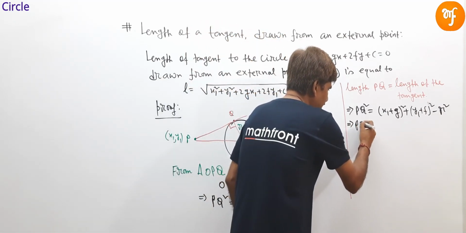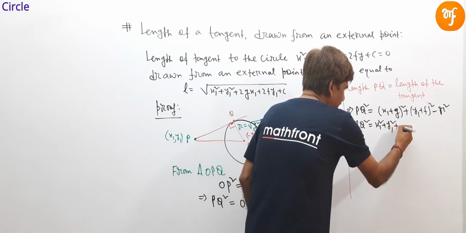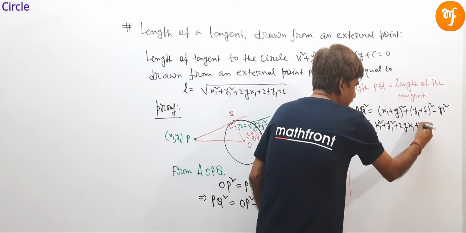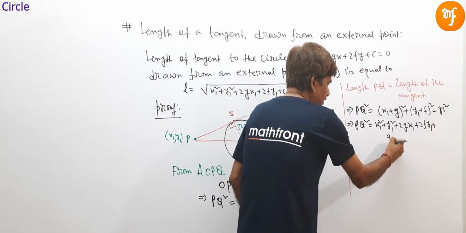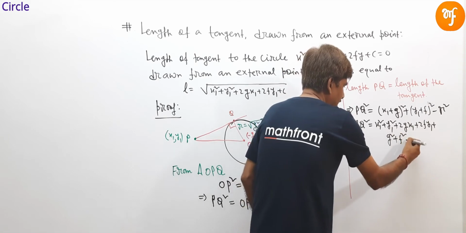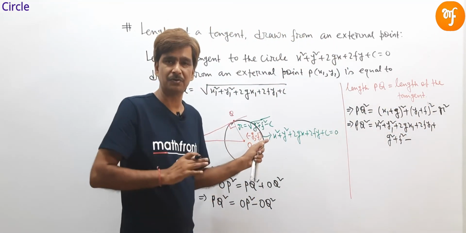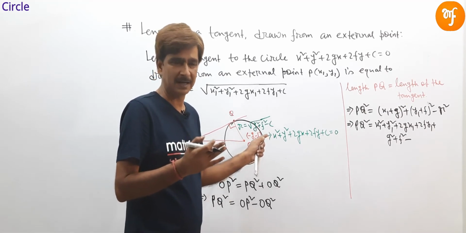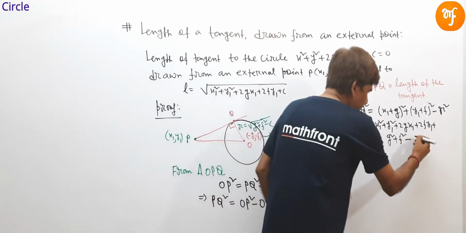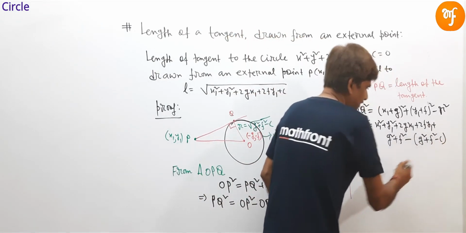So PQ square can be written as x1 square plus y1 square plus 2gx1 plus 2fy1 plus g square plus f square, and R square, as R is equal to square root of g square plus f square minus c, can be written as g square plus f square minus c. So we write minus (g square plus f square minus c) here.